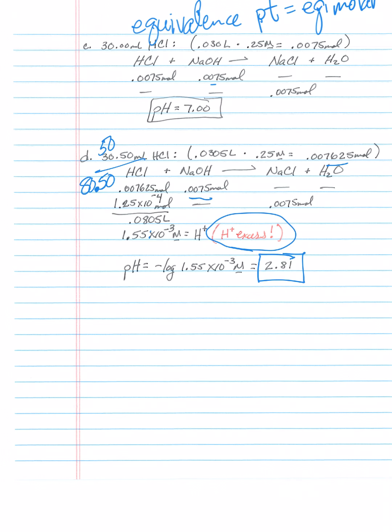So what this looks like is we started out with a strong base. We're going to graph this a little bit. And we're going to look at pH, and we're going to look at volume of HCl. We started out with a strong base. It curved straight down and straight over.